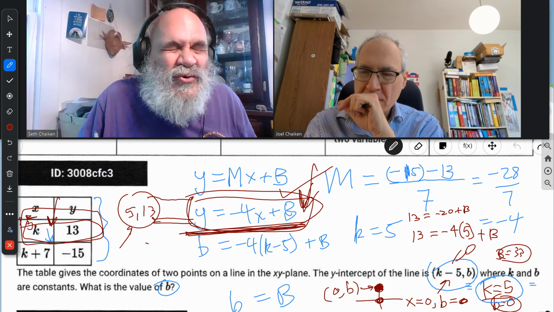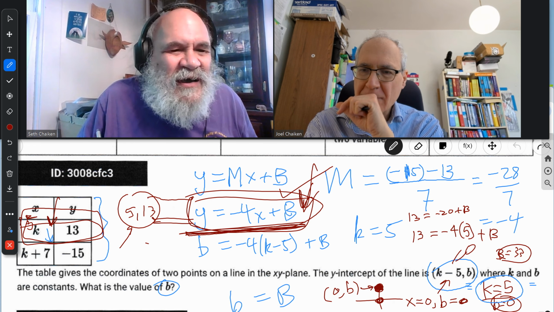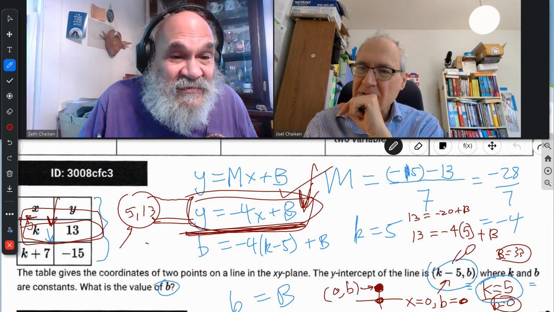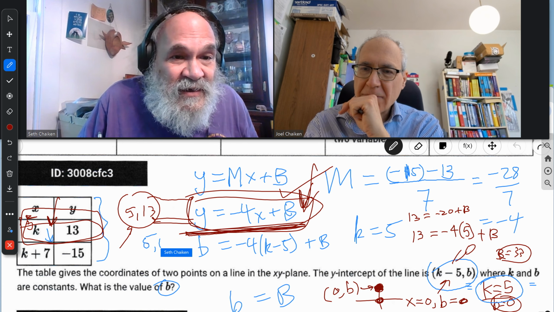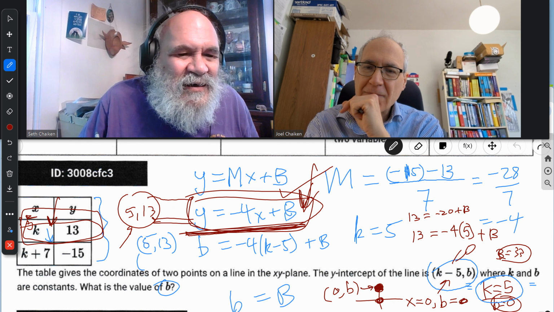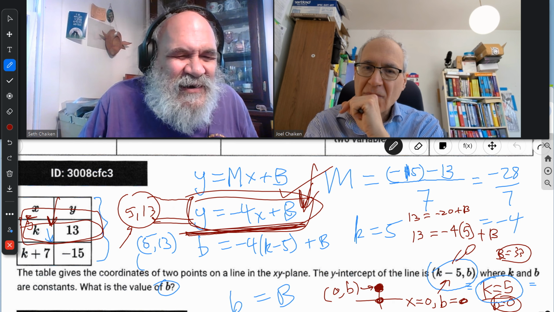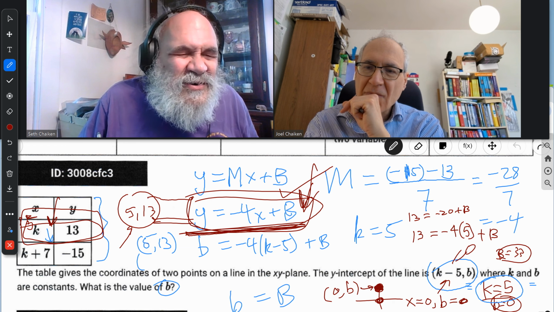Therefore, we know 2 points on the line. One point is 5, 13. This is on the line, and the other is 5 and 7, which is 12, comma negative 15. 5 and 7 is 12, not 13.